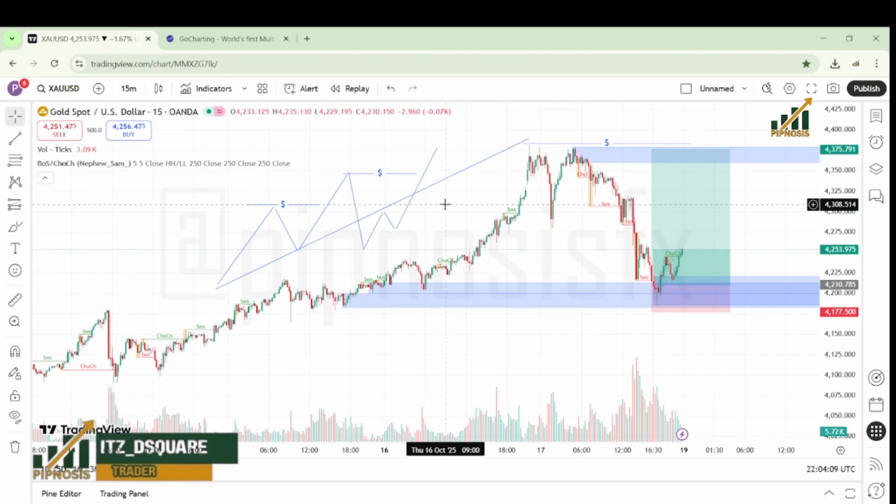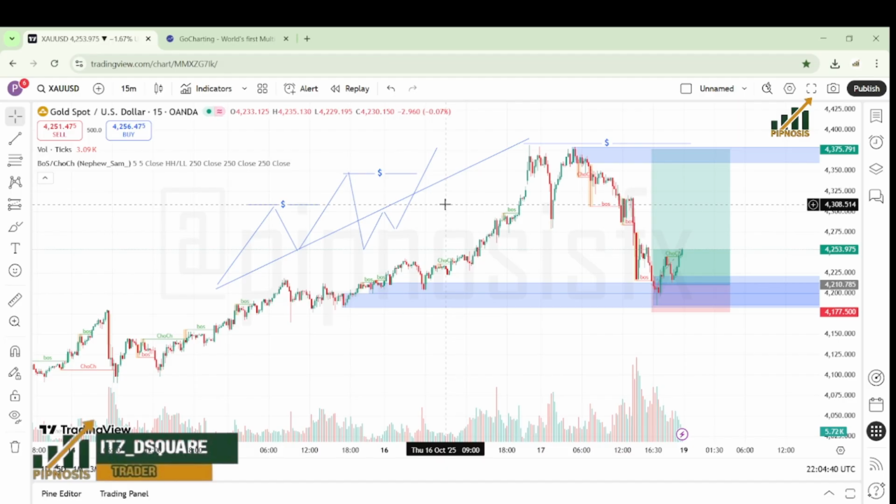So the whole thing I'm trying to explain here is the whole movement is based on liquidity, whether it's moving up or moving down. It's liquidity that moves the whole market. So any strategy or concept you are using, you must know where the liquidity is, because once you can't spot the liquidity, then you are the liquidity.